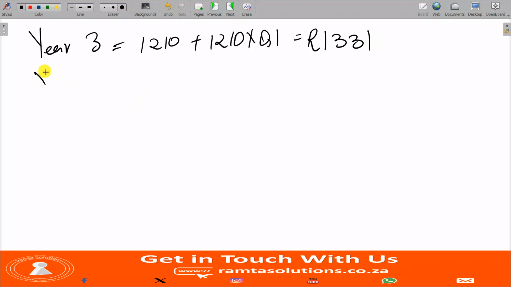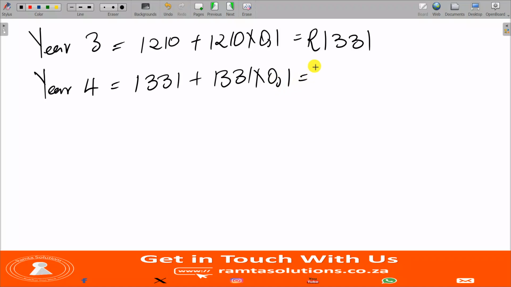Now let's see what you have at the end of year 4. Remember, the closing balance of year 3 becomes the opening balance. So 1,331 rands plus 1,331 rands multiplied by 0.1. 10% of 1,331 is 133 rands and 10 cents.